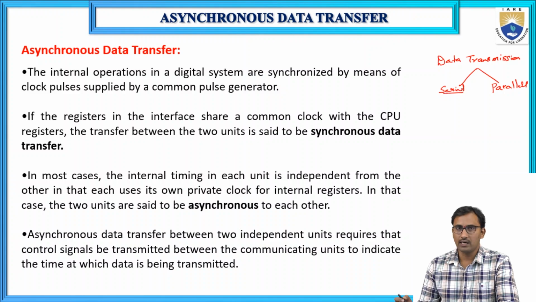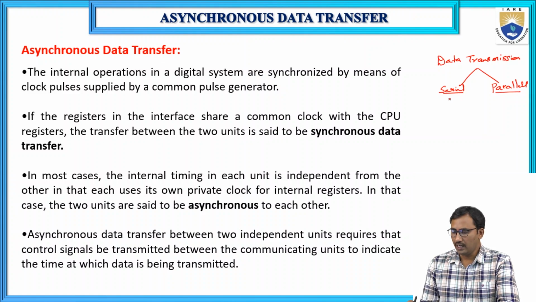Serial data transmission means transferring of information bit by bit. On the other hand, parallel data transmission means transferring the data byte by byte. That means a group of 8 bits we are sending as bytes from the transmitter to the receiver. That is called parallel data transmission.